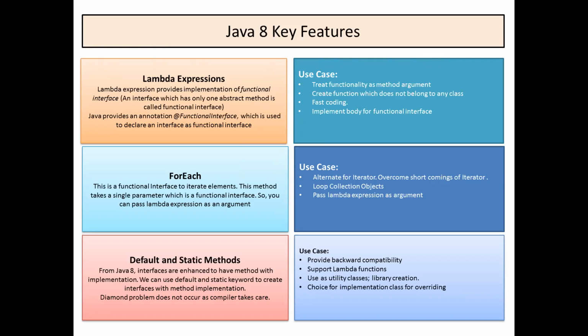The iterator interface is used to loop over collection objects, such as a hash map, hash table, linked list, or any other collection. To loop through the objects stored inside the collection, I create an instance of an iterator object, call iterator.next, and get each element stored inside the collection.